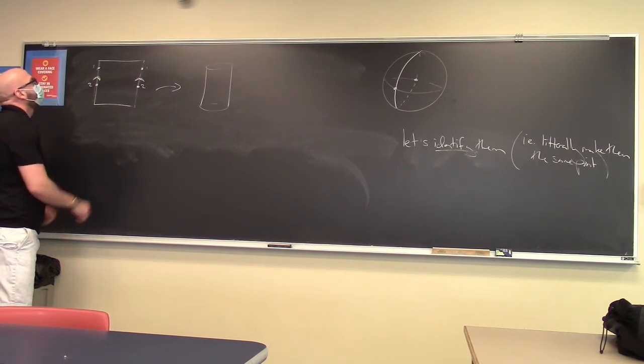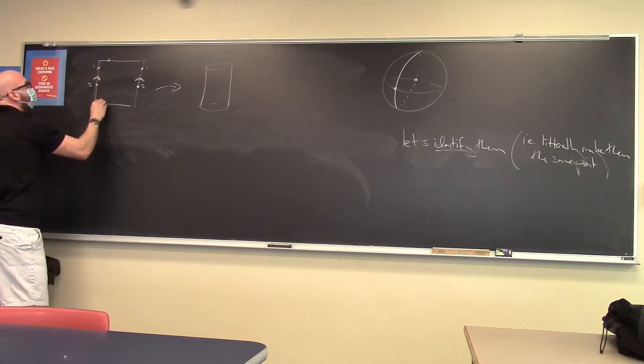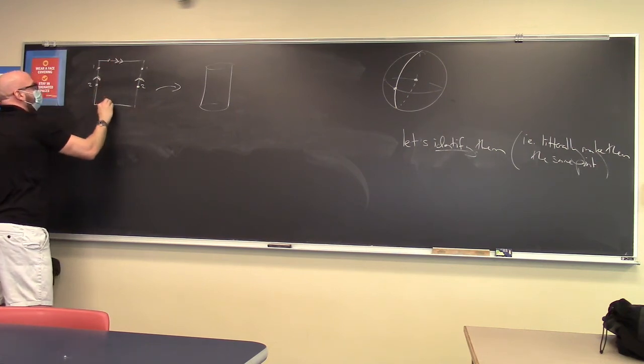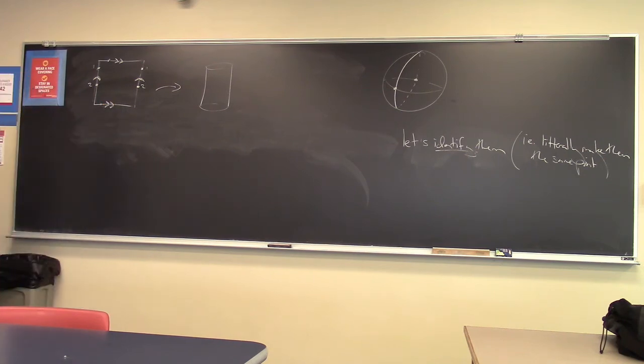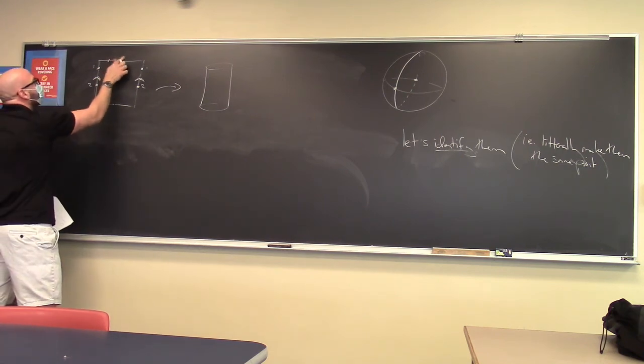What do you think you would get if I then said, all right, every single point on this side, I'm going to attach to, or identify with, every single point on this side? Maybe I should draw another picture.